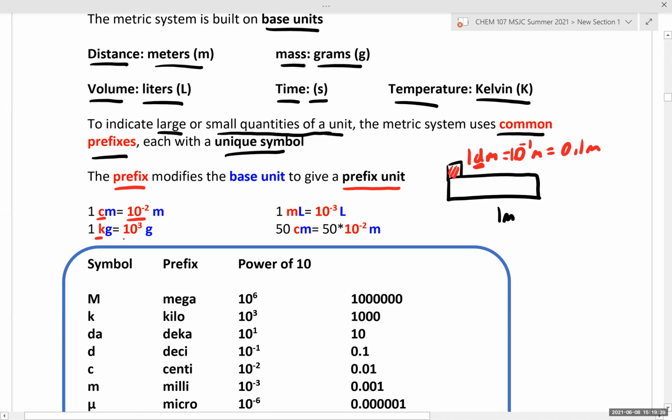A kilogram corresponds to 10 to the third or 1,000 grams. A milliliter corresponds to 10 to the negative third liter, and so forth.